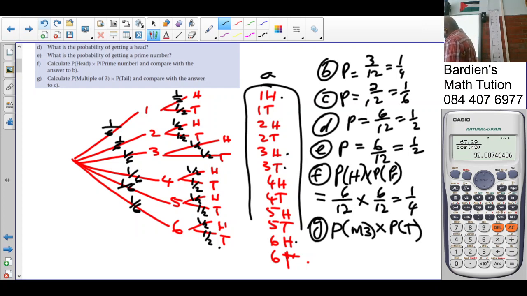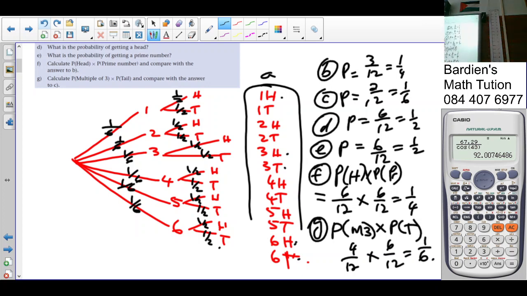It's 1, 2, 3, 4. 4 out of 12 times tails, 6 out of 12. So that would give us a third times a half, 1 out of 6. Okay. Let's compare your answer to C. It's also 1 out of 6.